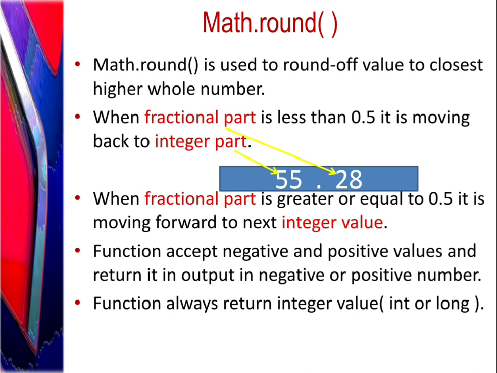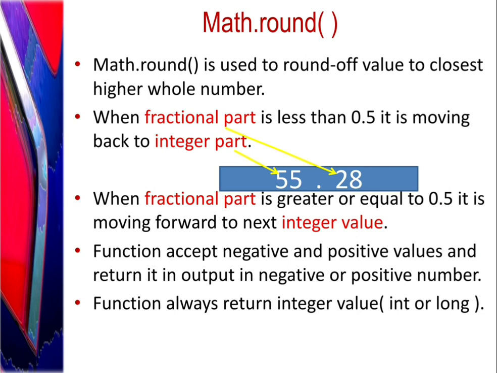When the fractional part is less than 0.5, it is moving backwards towards the integer part. Means if 55.28, it provides you 55 only. But see the third point. If it is 0.5 or more, it moves towards the next integer value.